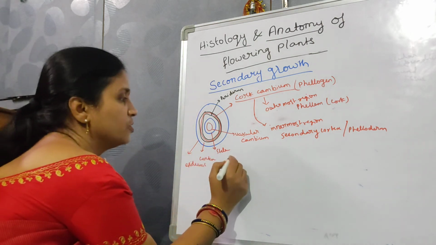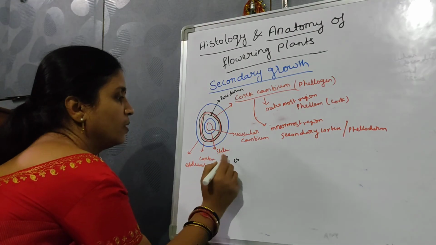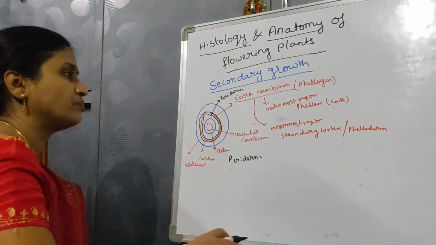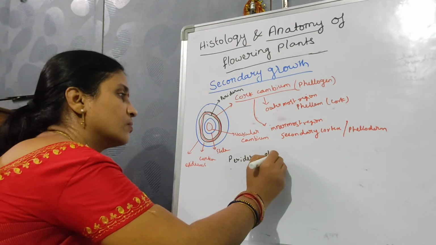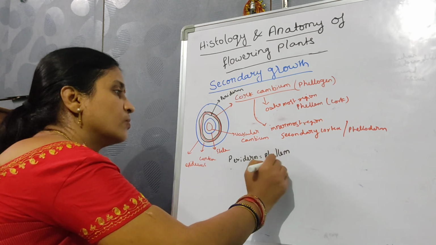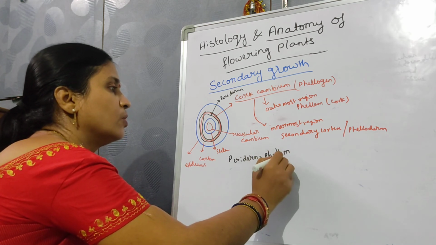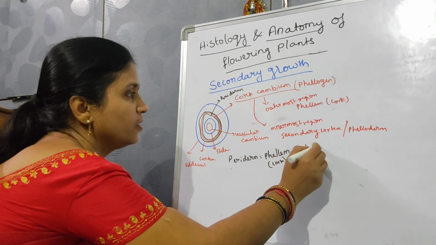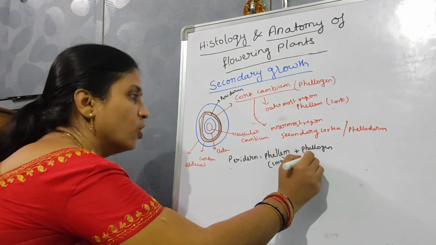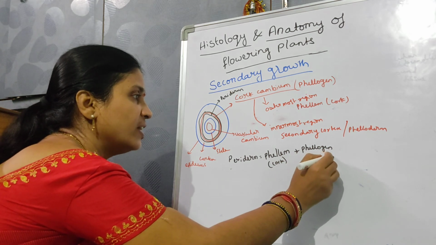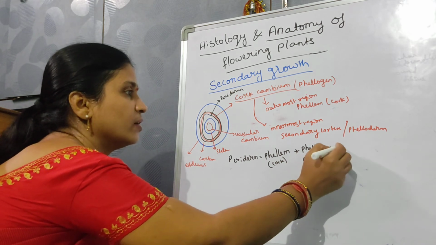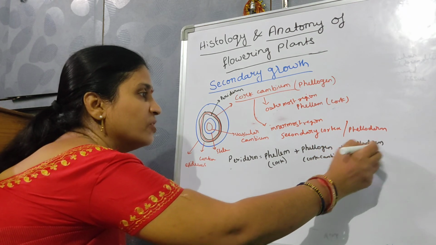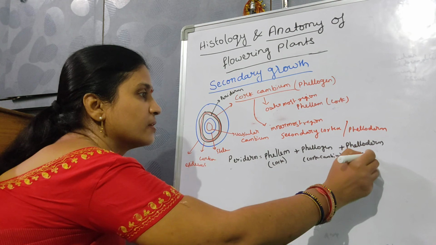Got my point? So periderm is the phellem, which is the cork, plus phellogen, which is the cork cambium which is present centrally, plus the phelloderm, which is the secondary cortex.